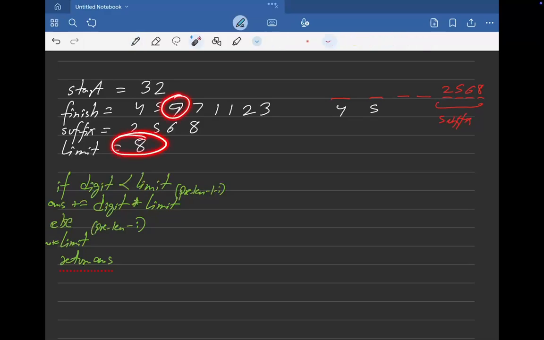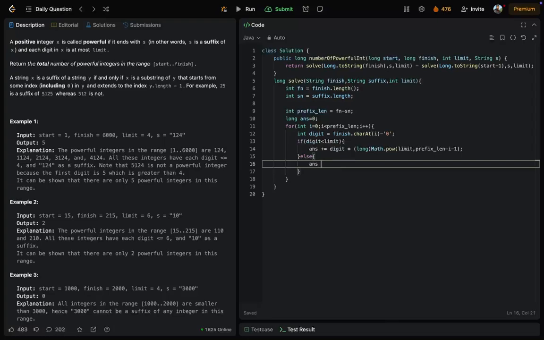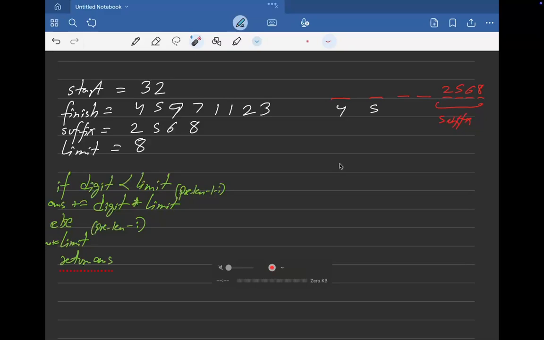I have 9 here, it means I can place limit only, limit and limit. So this will come inside the else block, and I will try to put 8 and 8, right? So in the else block I have math power, convert into long, limit raised to power prefix length minus i slots. So in this cell I have 9, but I can only place 8 and 8.